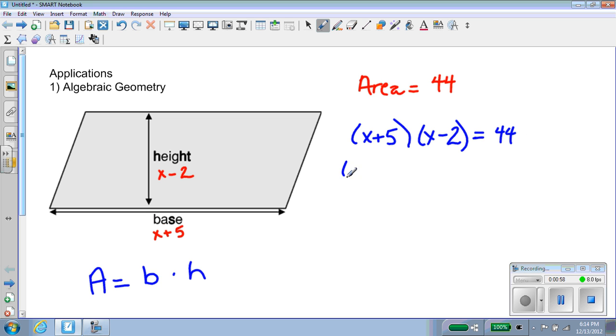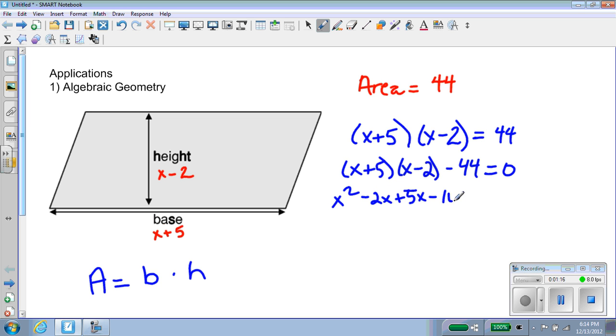So I'm going to have to do x plus 5 times x minus 2 minus 44 equals 0. x squared minus 2x plus 5x minus 10 minus 44 equals 0. x squared plus 3x minus 54 equals 0.